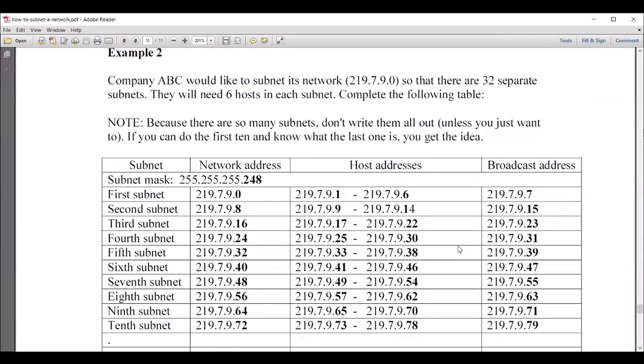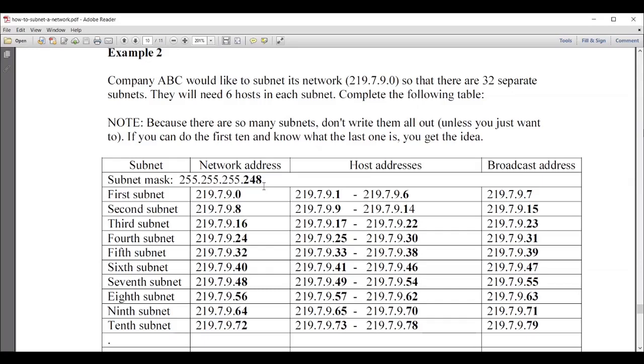We can see that it has been borrowed 2 to the power 5, that is 32. 5 bits have been borrowed from the host side to represent 32 subnets, and only 3 bits are remaining for the host side. Therefore the subnet mask has become 248, because 5 bits have been utilized for that.